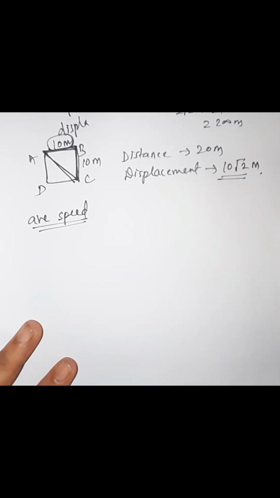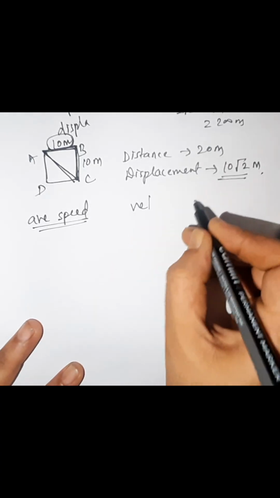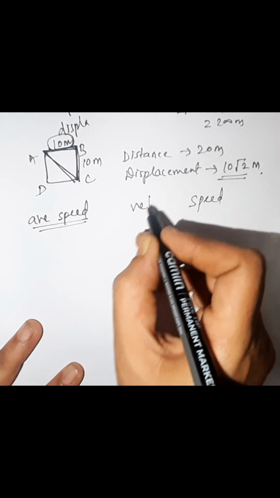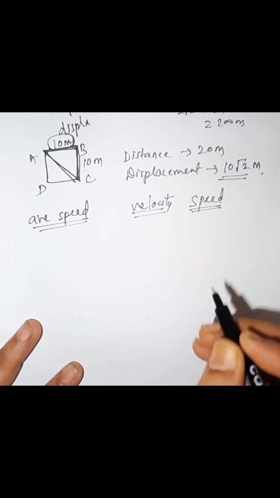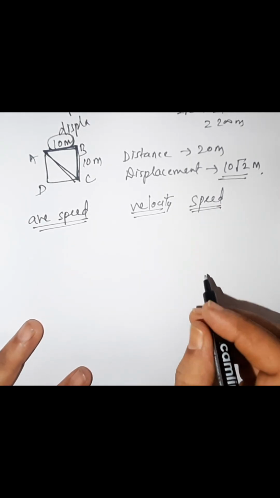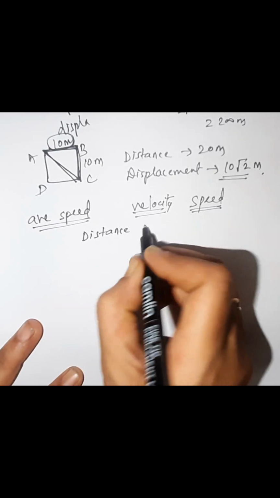While I was explaining, we talked about velocity and speed. Here both the terms we very often use together. So what is the difference between them? Both are distance covered in unit time.